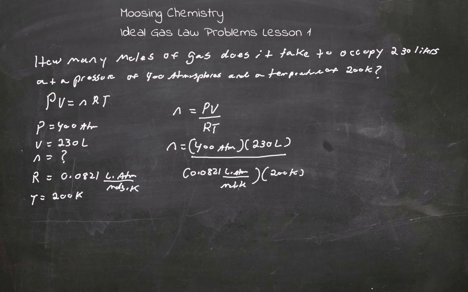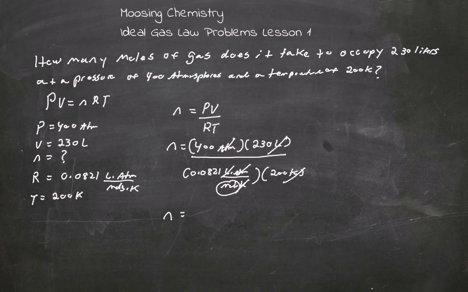Okay, let's go ahead and get rid of everything that's common. So our Kelvins cancel out, our liters cancel out, our atmospheres cancel out, leaving only our mole value. So now all it is is math.